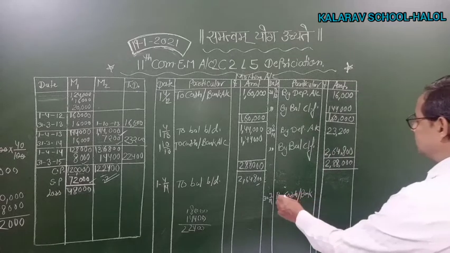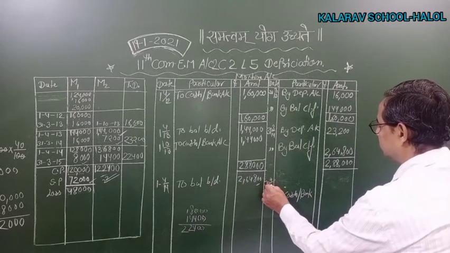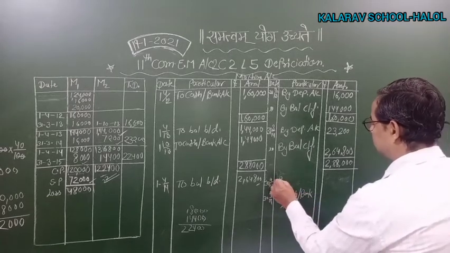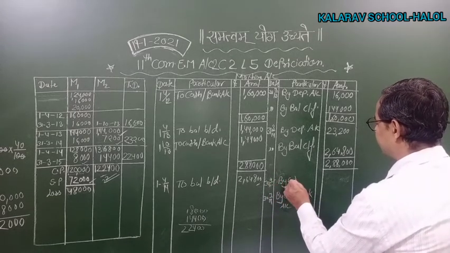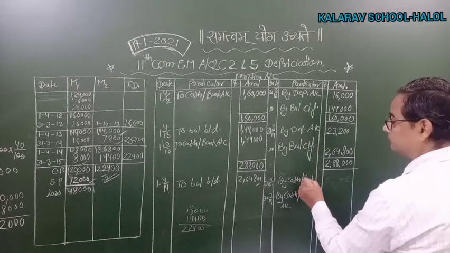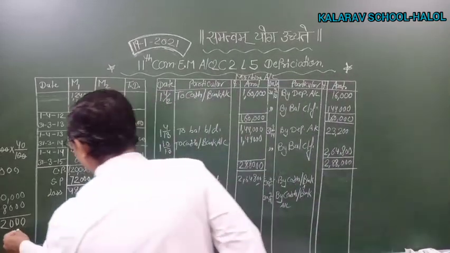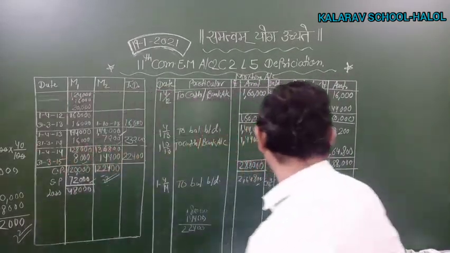By cash bank account, how much did you receive? 72,000.